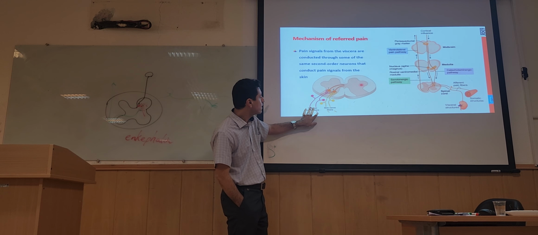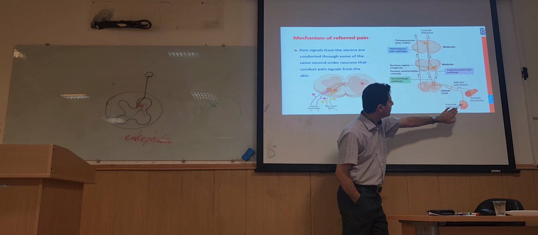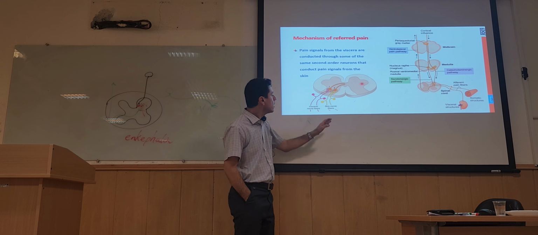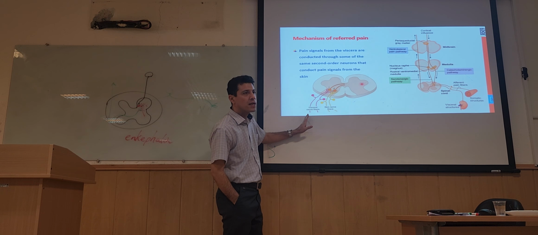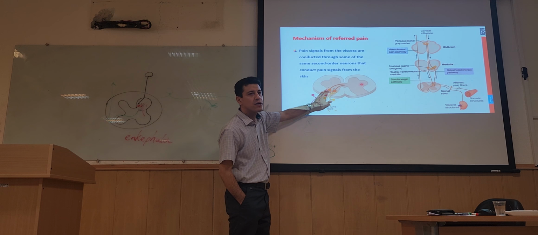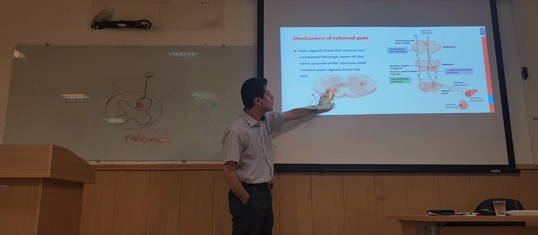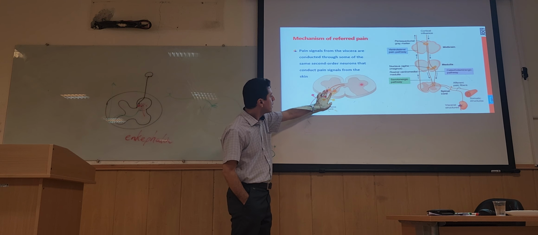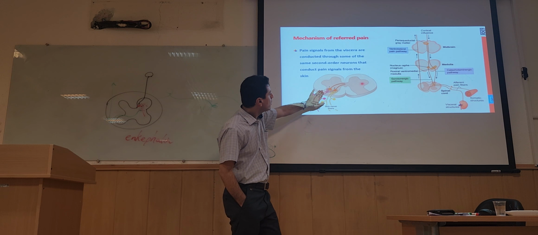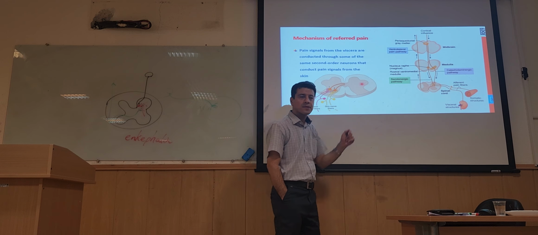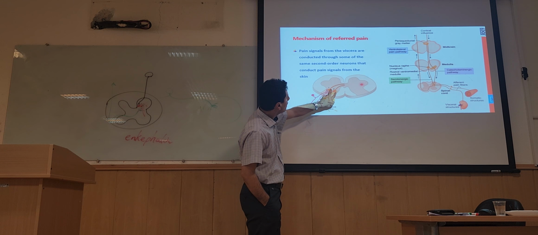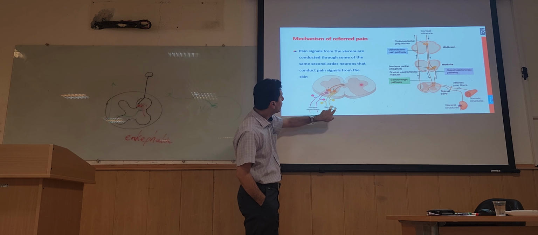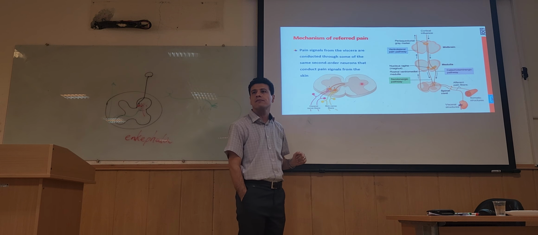So imagine that this one is from the kidney. Okay? So they bring visceral pain to the spinal cord. In the spinal cord, they terminate on the second order neurons. The second order neurons carry the pain signals to the brain. But the same population of neurons also receives pain signals from the skin nerves.